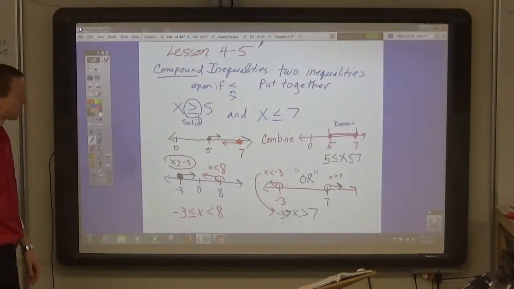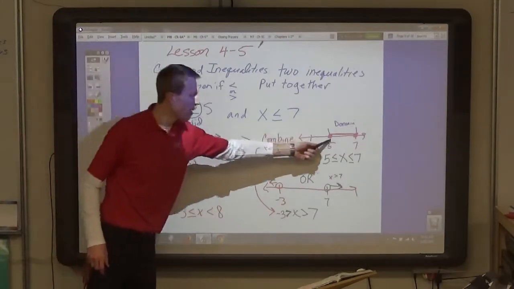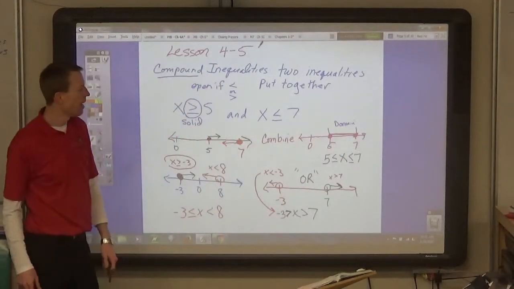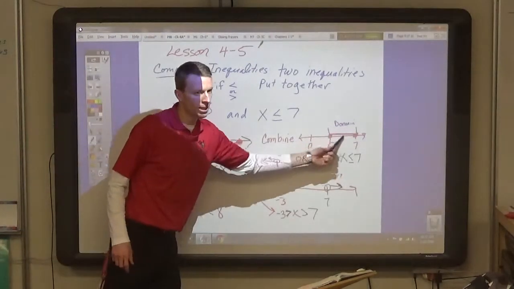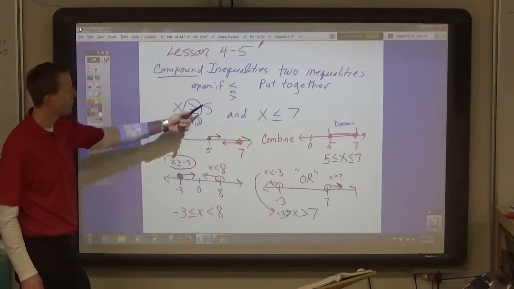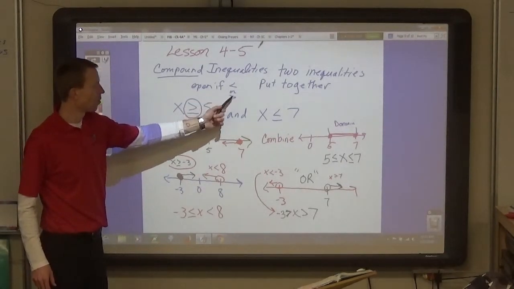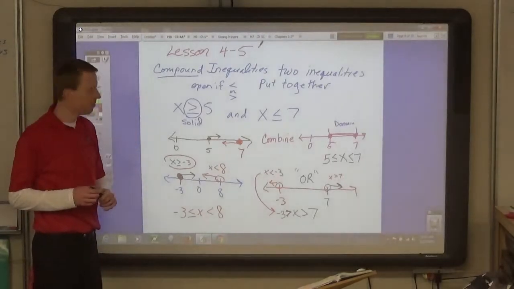So for this, we use a solid dot on both sides and an arrow that goes between them, or a shaded region that goes between them. If it is just less than or greater than, then you would use an open dot, of course.